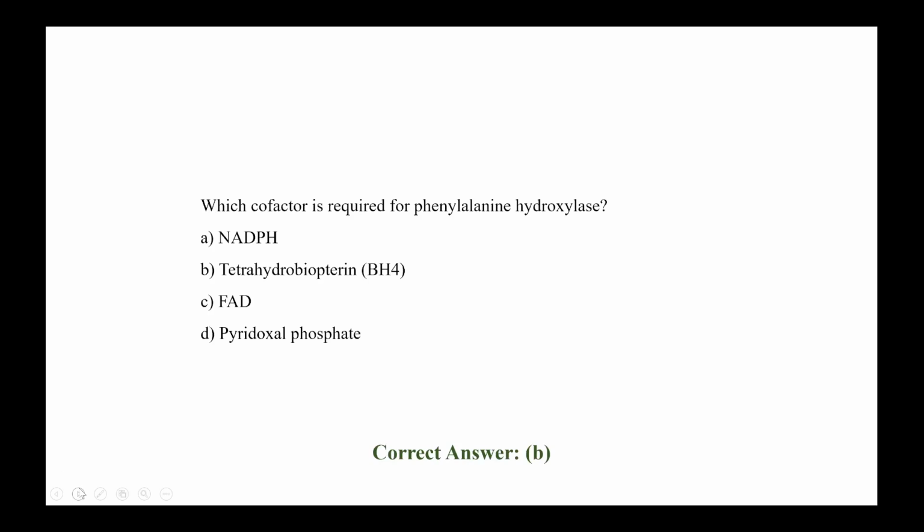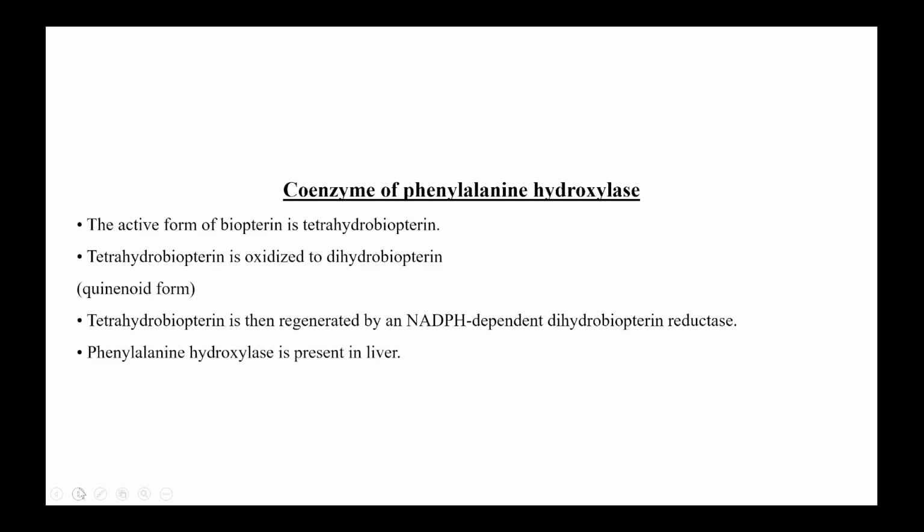As we saw in the previous slide also, phenylalanine hydroxylase requires a coenzyme or cofactor, tetrahydrobiopterin, for the reaction to proceed. The active form of biopterin is tetrahydrobiopterin. Tetrahydrobiopterin is oxidized to dihydrobiopterin, that is the quinonoid form. Tetrahydrobiopterin is then regenerated by an NADPH dependent dihydrobiopterin reductase.